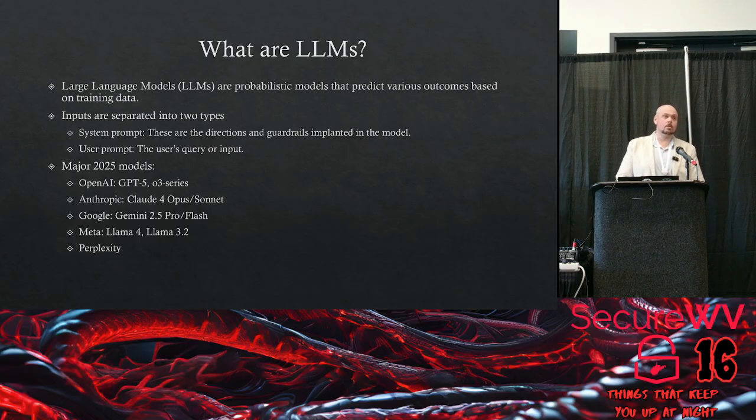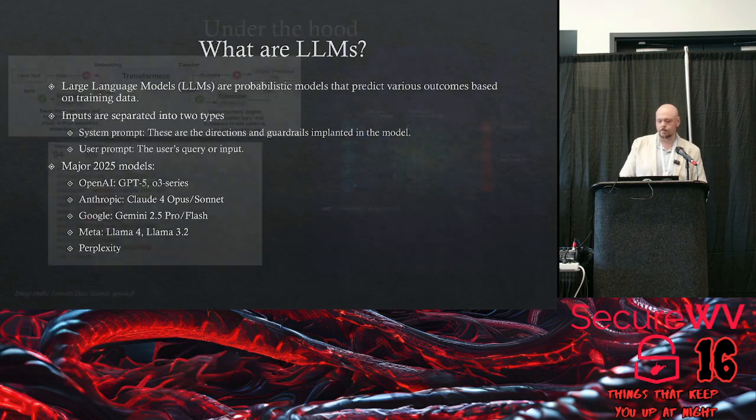I didn't think Google had it in them, but they all of a sudden have come out with some rock star models. Then, of course, Meta and Perplexity. I didn't list Mistral or any of the others, but almost every day there's a new company trying to come out with a new foundational model.